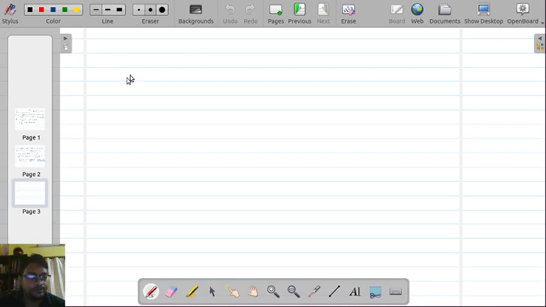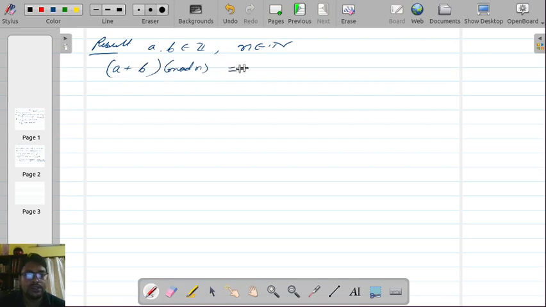So basically, let us do one result: a and b are integers and n belongs to the natural numbers, then a plus b mod n, that is the remainder when a plus b is divided by n, is always the same as a mod n plus b mod n, the whole thing again taken modulo n.